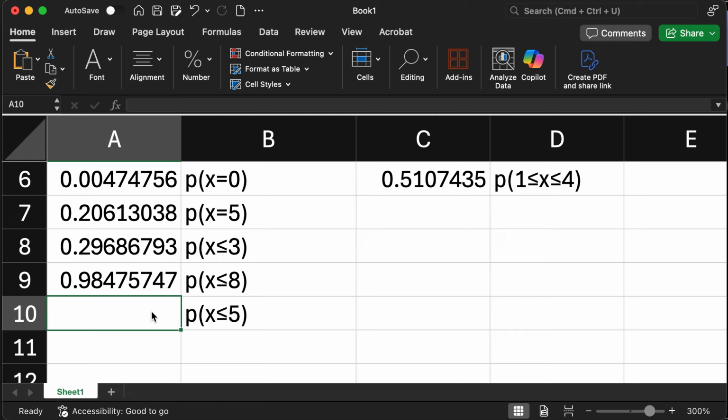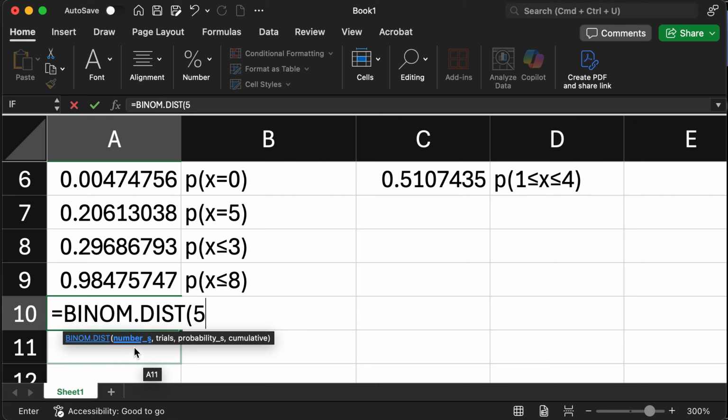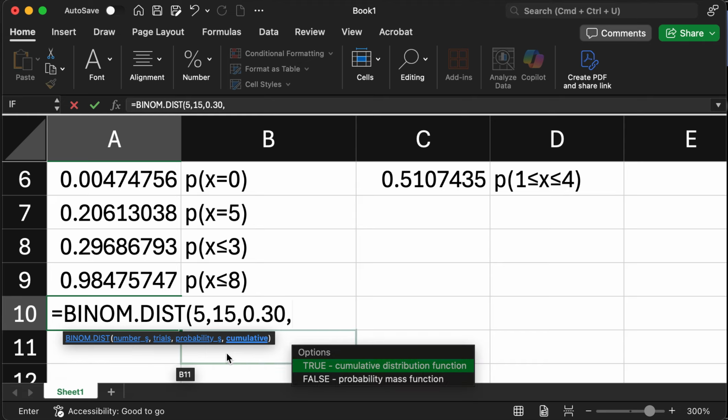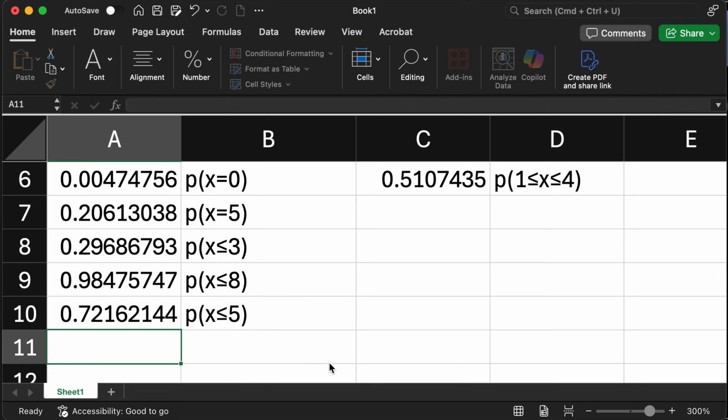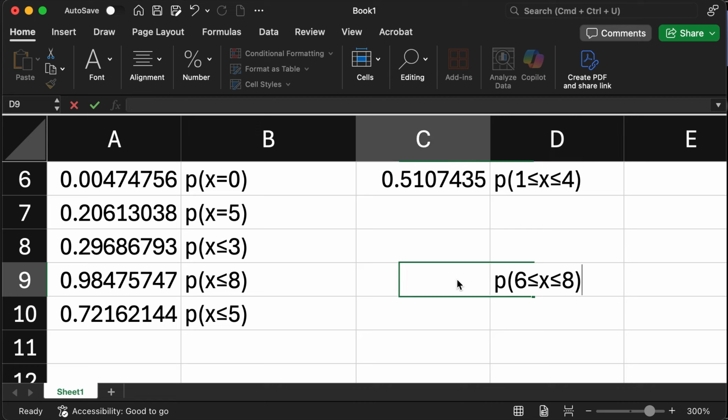And then for the one that I'm subtracting, again, binomial distribution. This time my key number is 5. Number of trials, 15. Probability of success, 30. Cumulative, yes. I want up to 5. So to find the probability of X is in between 6 and 8, including 6, including 8, I have to subtract these two.